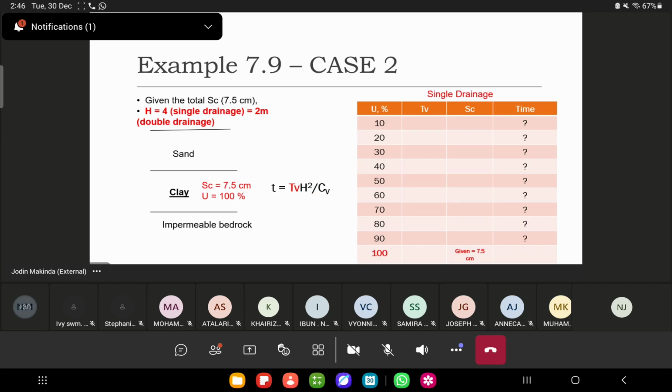For case 2, it is also the same, but in this case we look into the H. For single drainage, the drainage H is still maintained at 4 meters because water flows in one direction only.